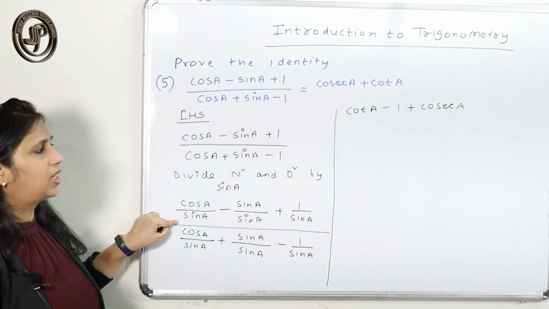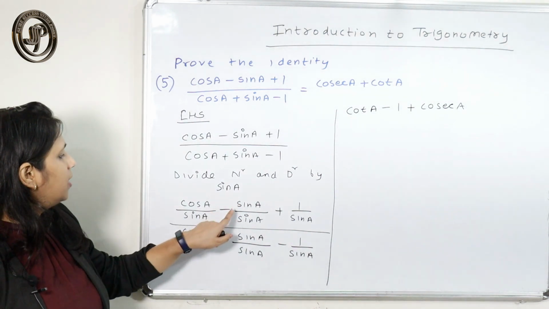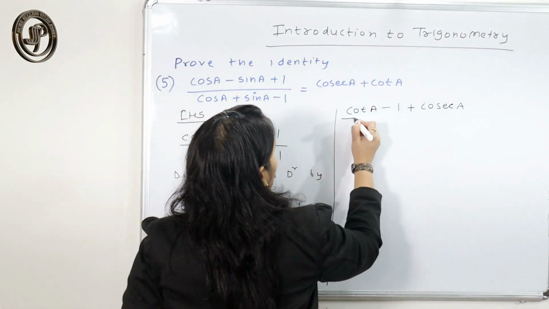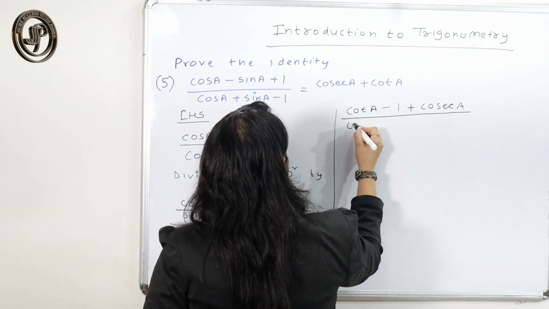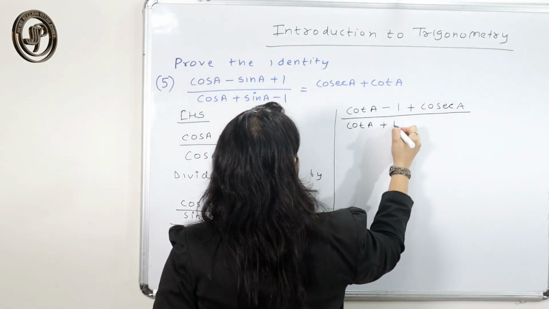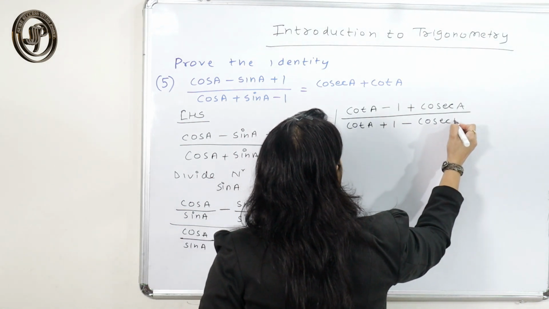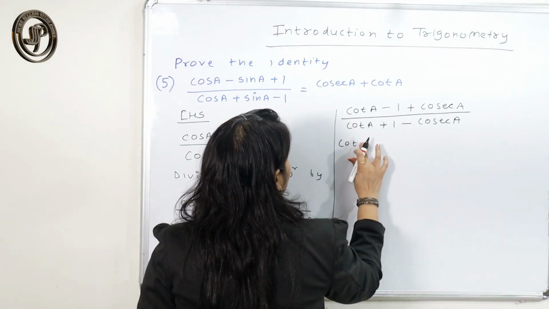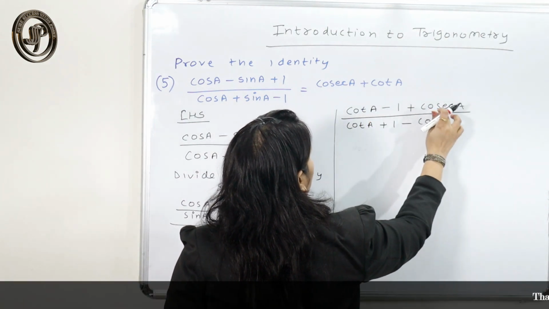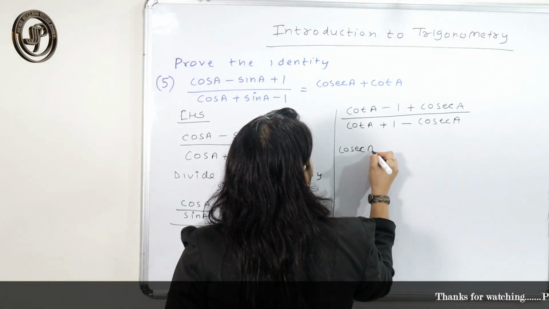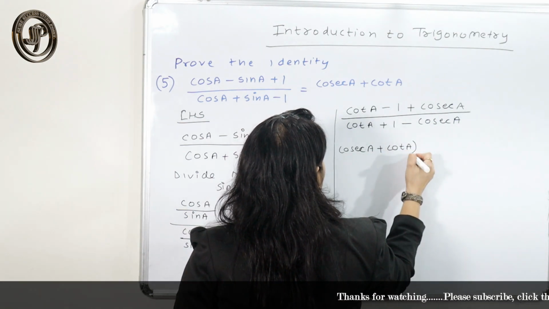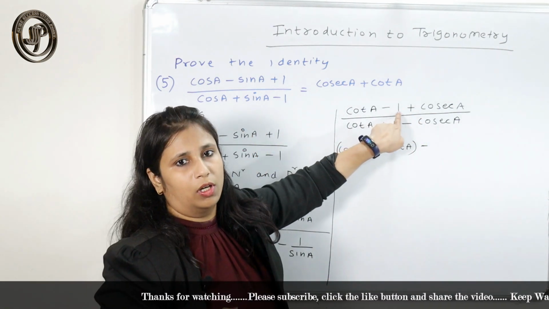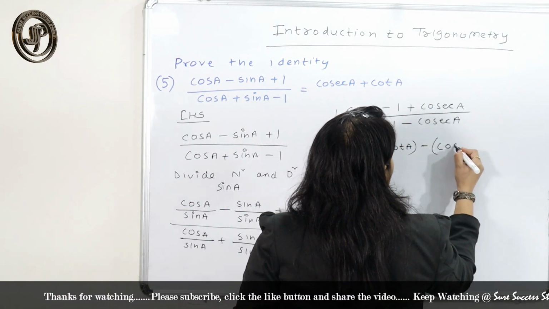See, cos by sin is cot. Sin by sin is 1. 1 by sin is cosec. In the denominator, cot A plus 1 minus cosec A. Right? Now, you can write this cosec A and cot A together, and in lieu of 1 you can use the identity.